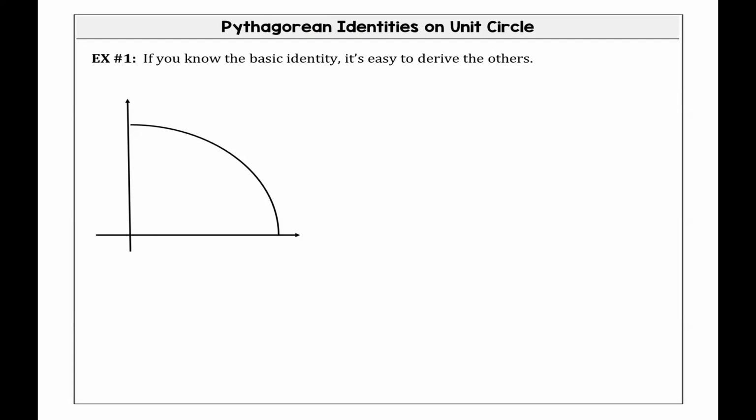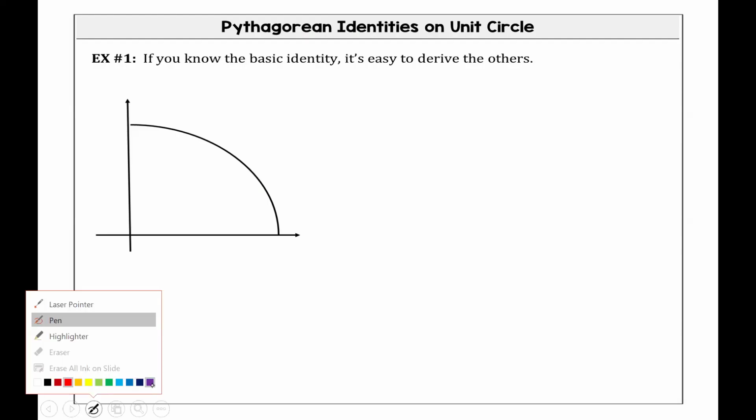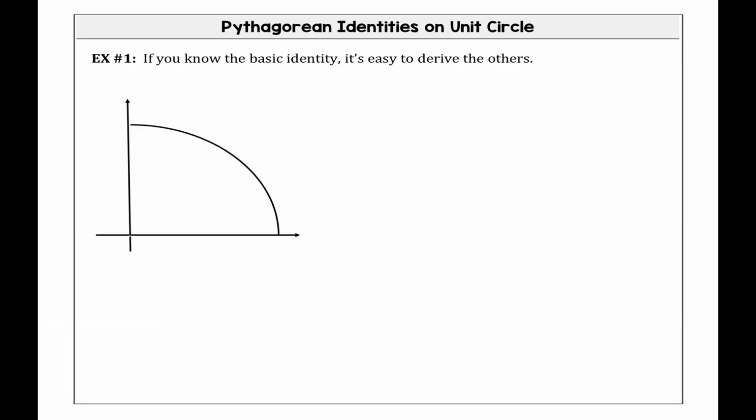So here we go. If you know the basic identity, it's easy to derive the others. So basically this is proving how the other Pythagorean identities came into play. I can go through it and show you, or just show you that they can be manipulated. So you remember how we talked about our unit circle?